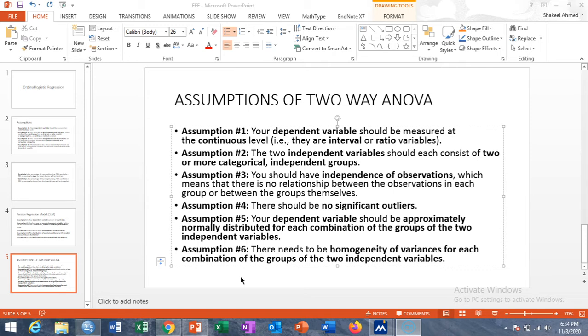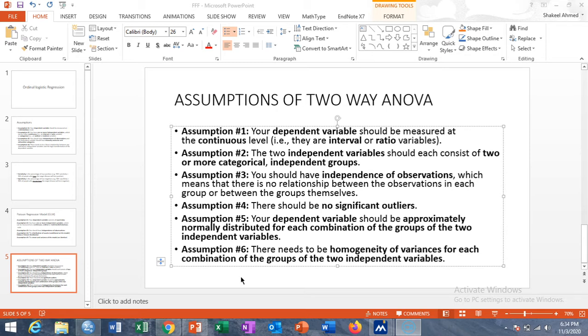The two-way analysis of variance has six basic assumptions. One is that the dependent variable should be measured on a continuous scale, that is interval scale or ratio scale. And the second assumption is that the two independent variables should each consist of two or more categories and independent groups.